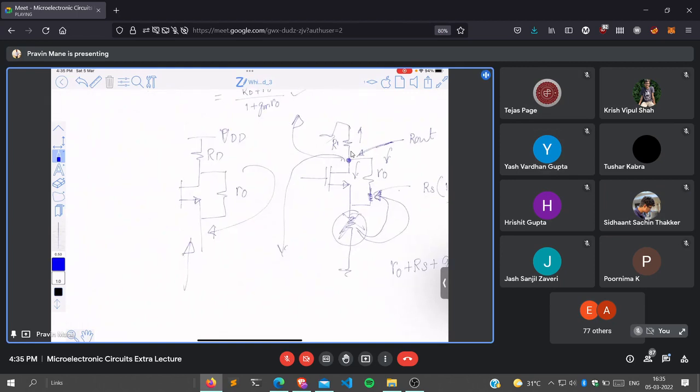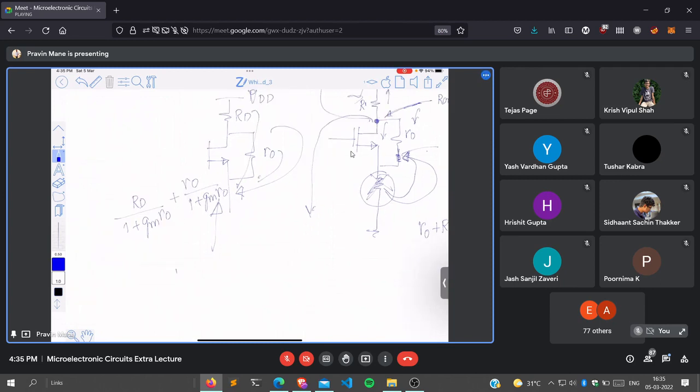I have to bring both RO and RD here, so I will divide both by 1 plus gm RO. So what equation will I get? RD plus RO divided by 1 plus gm RO, which is the equation that we got previously, right?